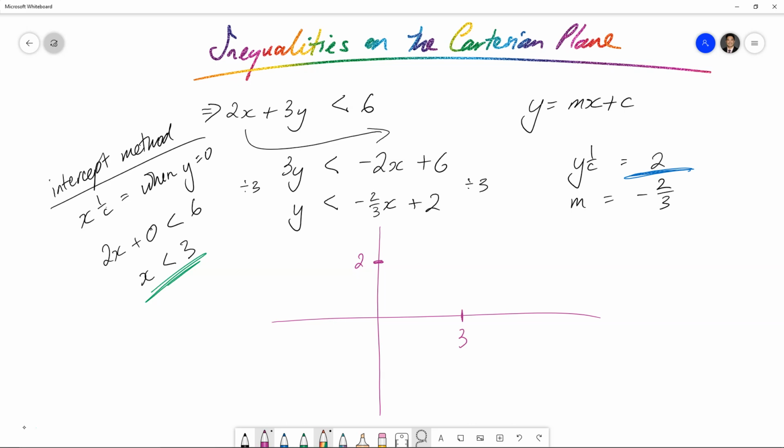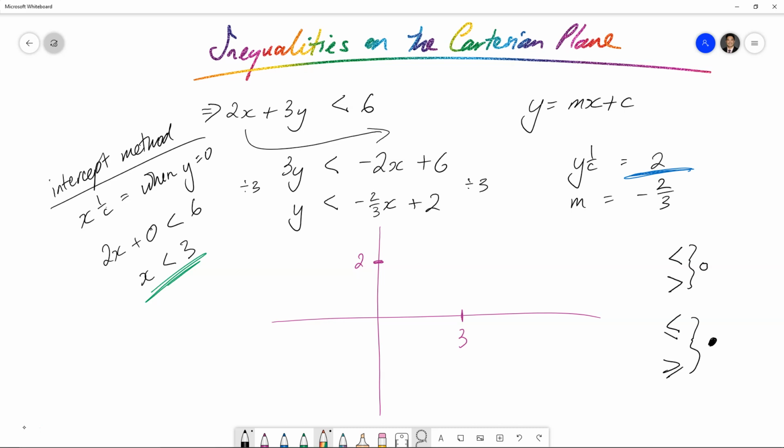Okay, and so the one thing that I want you to take note of is we do have these exclusive symbols. Okay, remember that we had an open circle, and then we have these two symbols which are inclusive, which requires a solid dot, a closed circle.